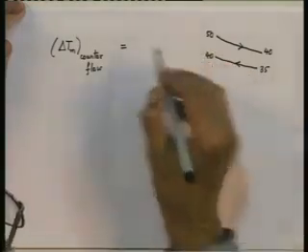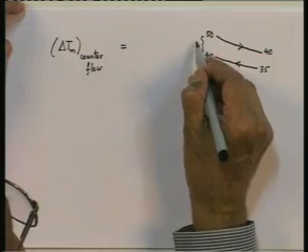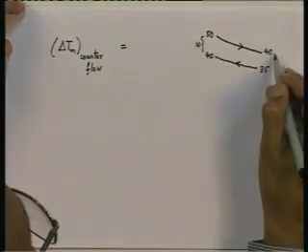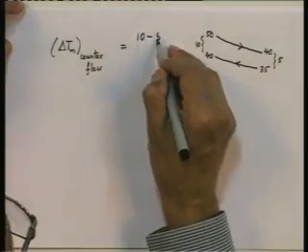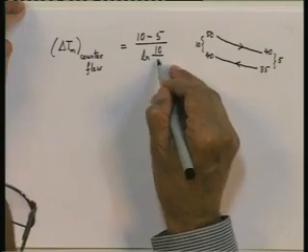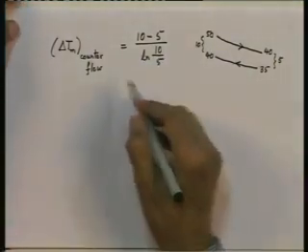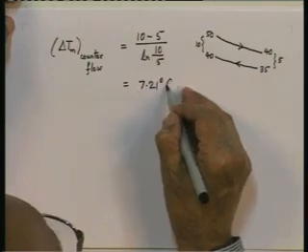So, we have delta Ti equal to 10 and delta Te equal to 5. So, we have 10 minus 5 divided by the logarithm of 10 divided by 5, which comes out to be 7.21 degrees centigrade.